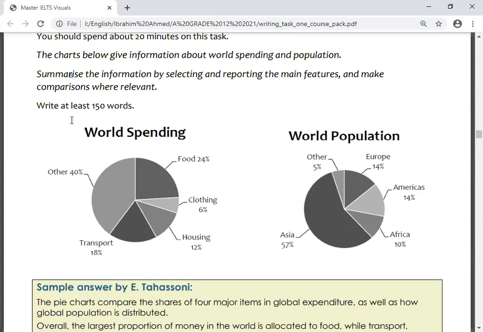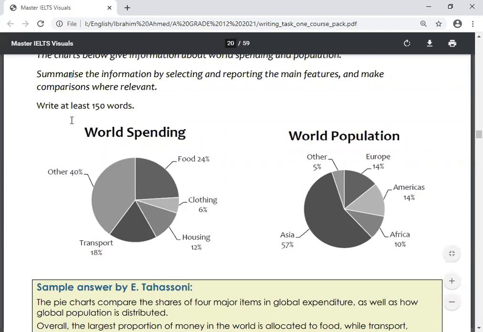Then if you look at the smallest thing, it's clothing. People spend 6% of their income on clothing. Then we have housing here, 12%, transport, 18%, and the vastest or the largest portion or section goes for other things.